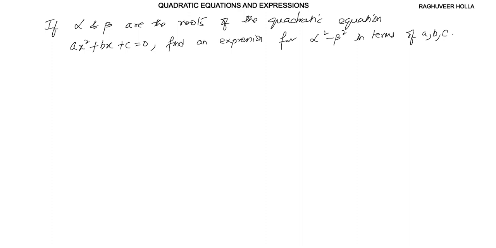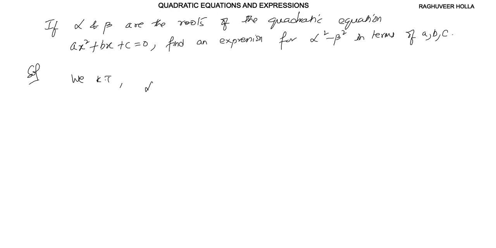Let us look at the next problem. If alpha and beta are the roots of the quadratic equation ax squared plus bx plus c is equal to 0, then let us find the expression for alpha squared minus beta squared in terms of a, b, c.